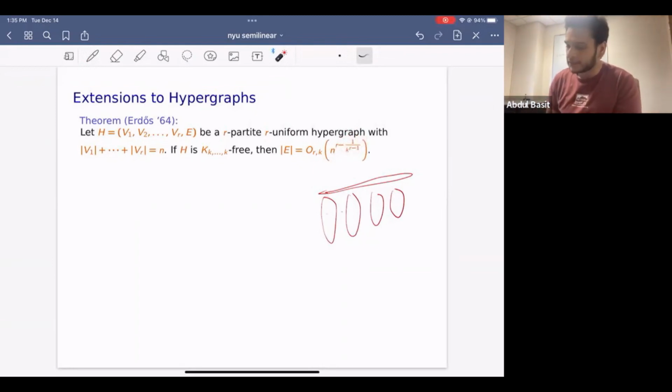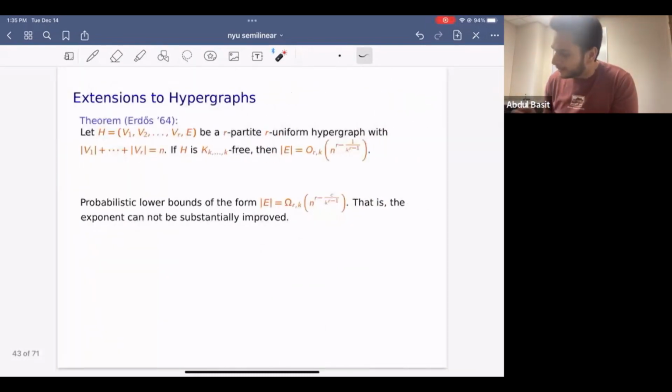Right? Okay. And again, you can ask, well, if my hypergraphs are nice for the semi-algebraic, can we do something? Even before that, this thing is essentially tight, and there's a probabilistic lower bound that says you can't improve this. You can only improve it up to a constant, not too much more.